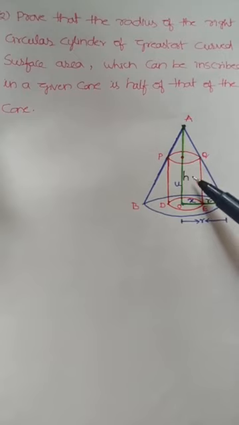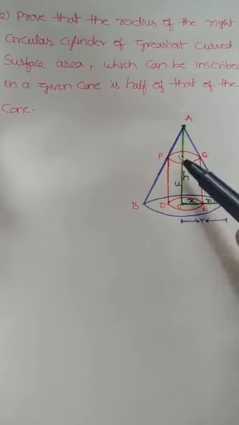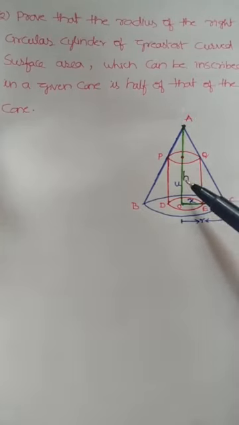The cylinder dimensions are: small u is the height of the cylinder and small x is the radius of the cylinder.